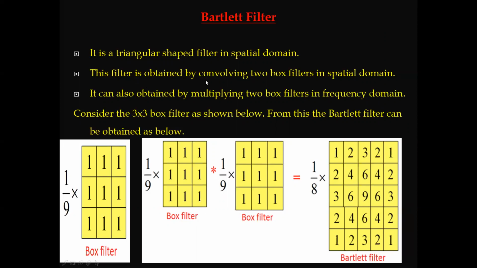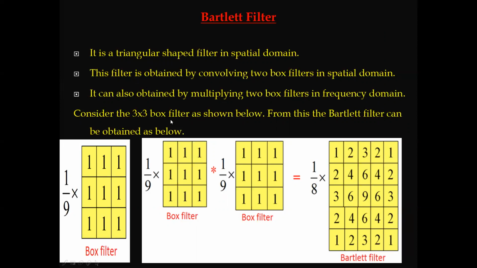This filter is obtained by convolving two box filters in the spatial domain. Here the symbol we place is a convolution symbol. It can also be obtained by multiplying two box filters in the frequency domain.